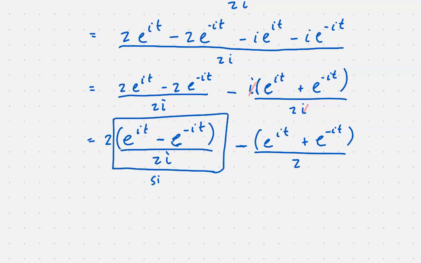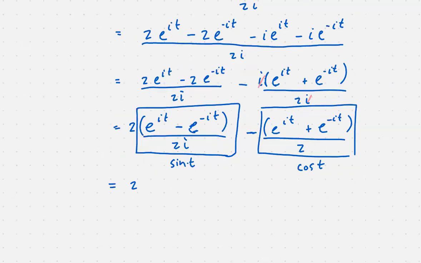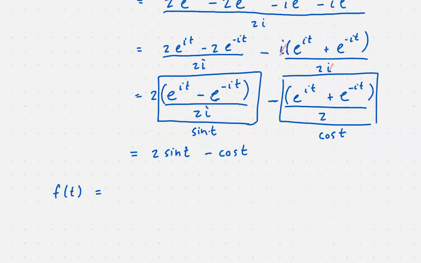So therefore, the final answer for that is 2 sine t minus cosine t. Now finally, our f of t can now be written as e raised to negative 2t plus 2 sine t minus cosine t.